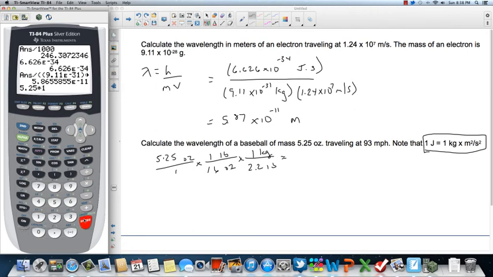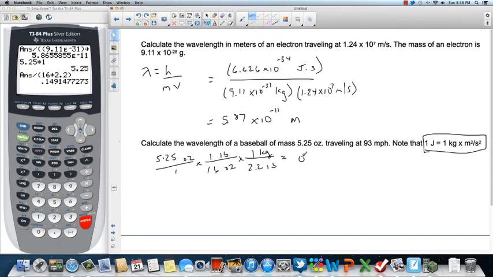So we'll leave it times 1. And we're going to divide that by, open parentheses, 16 times 2.2, close parentheses, equals 0.149 kilograms. So we can now substitute that in.